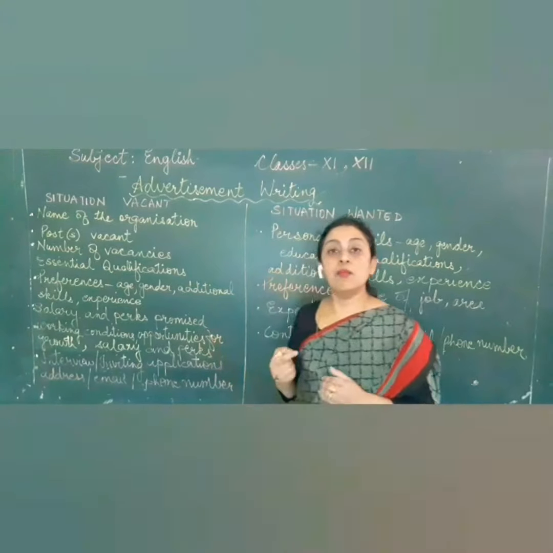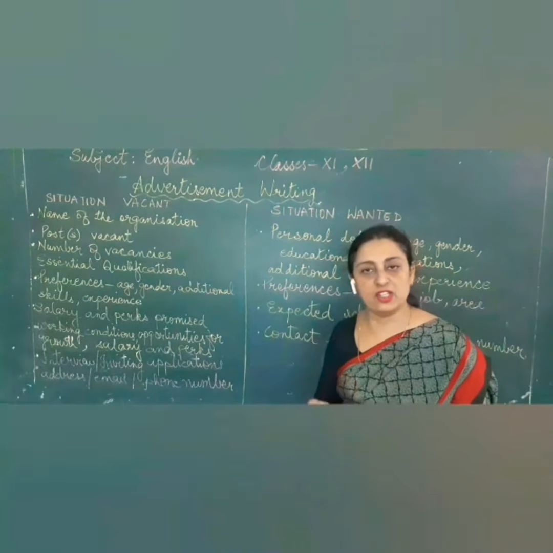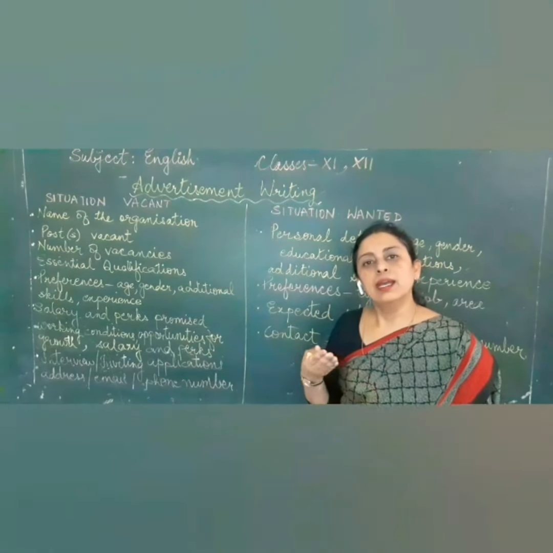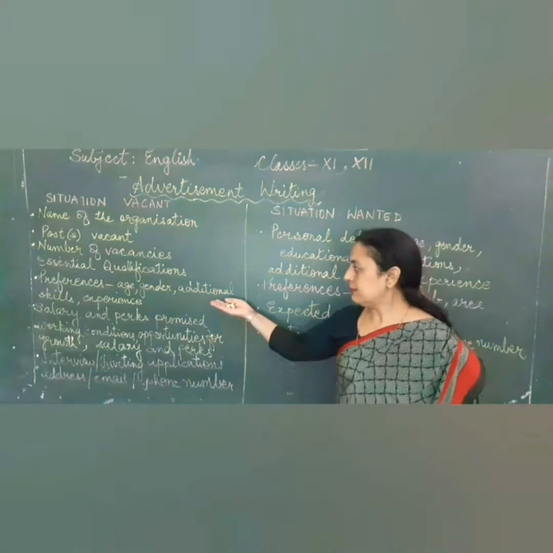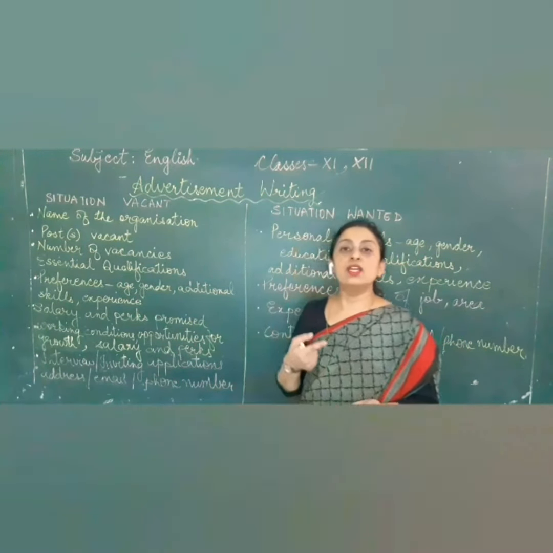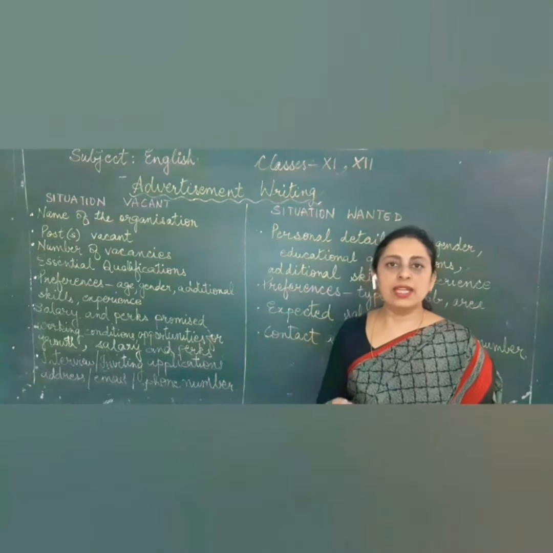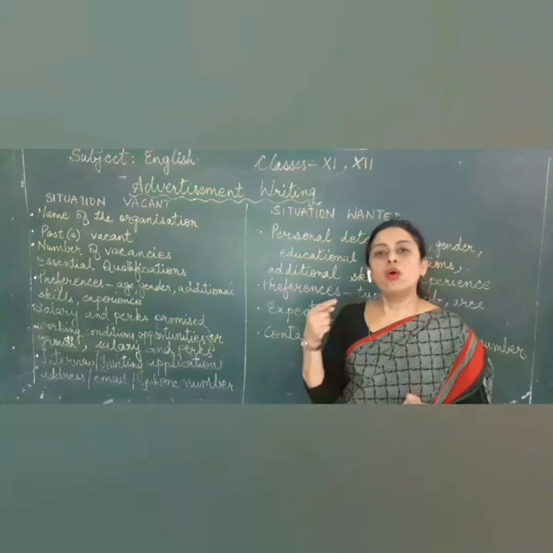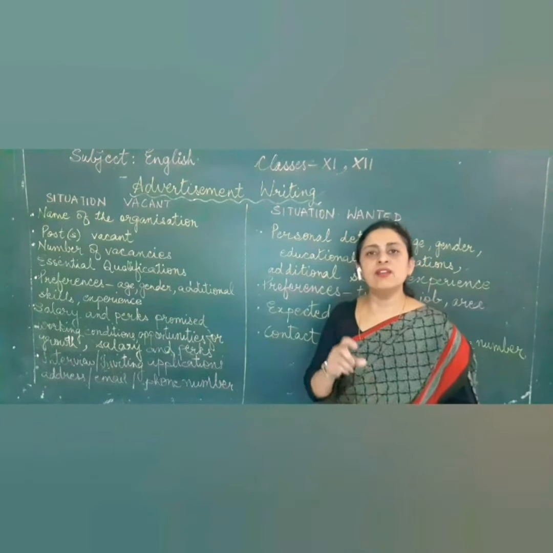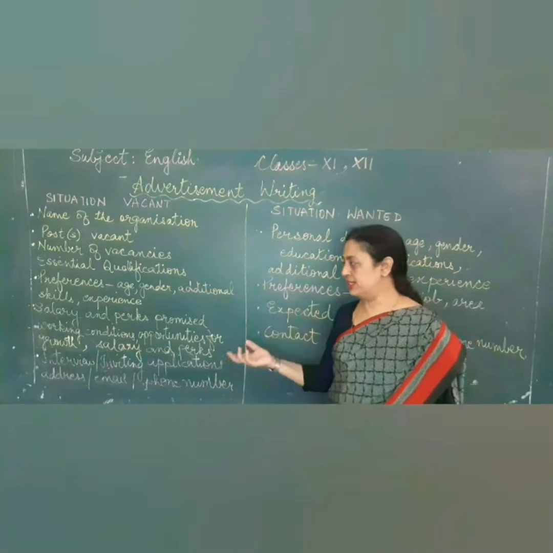And the next important thing is you need to mention the qualification that is essential to be employed. After that, you have to write preferences, whether you want males or females for that particular task, or you have some other preferences, whether you are talking about someone with an additional skill or some other qualities.